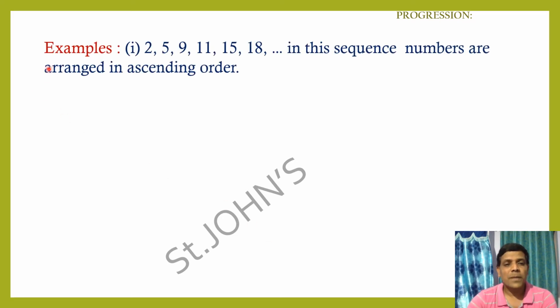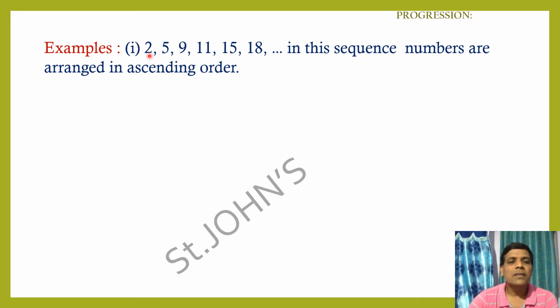Example 1. What is the given example? 2, 5, 9, 11, 15, 18 and so on. In this sequence, numbers are arranged in ascending order.